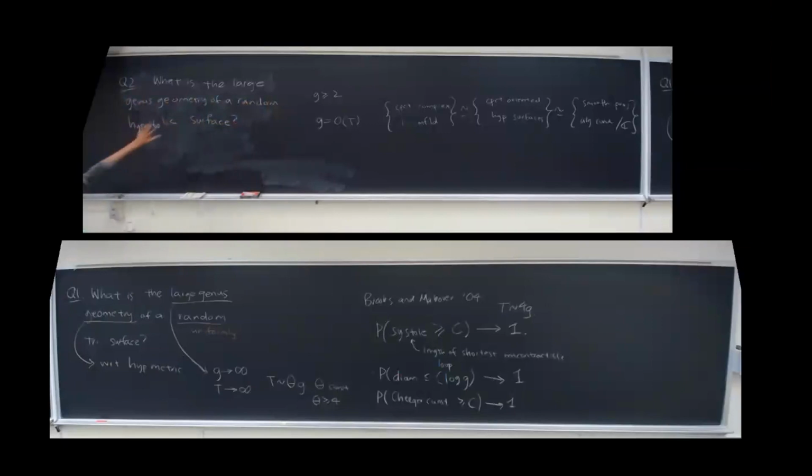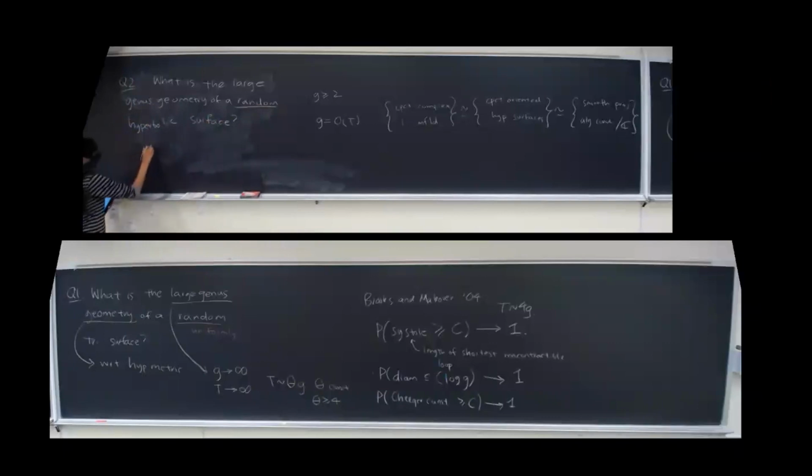Again, the same conditions about g apply, g goes to infinity, and geometry means the same thing. But now what randomness means is more complicated, because you don't have a discrete set anymore. So what does randomness mean?